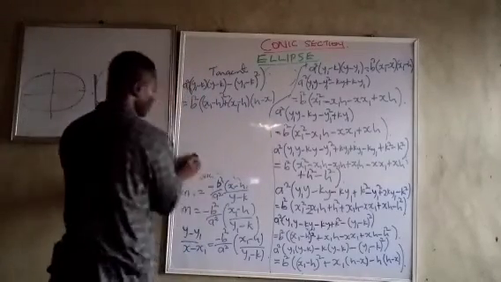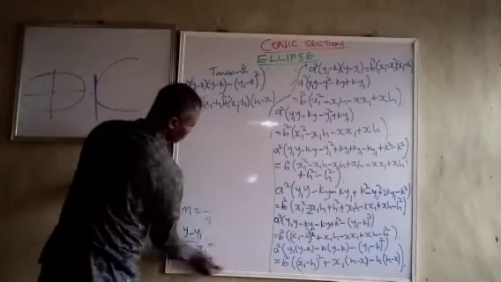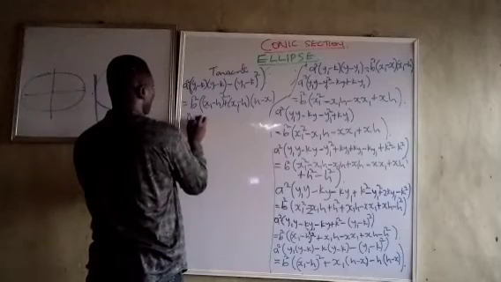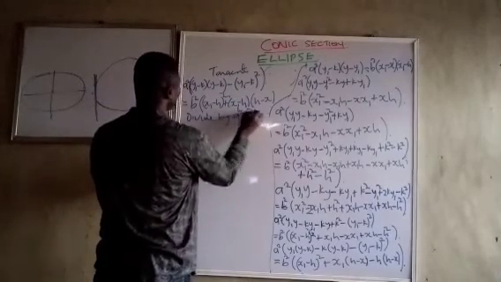Now, let's divide through by a squared b squared. So what's that going to give us?